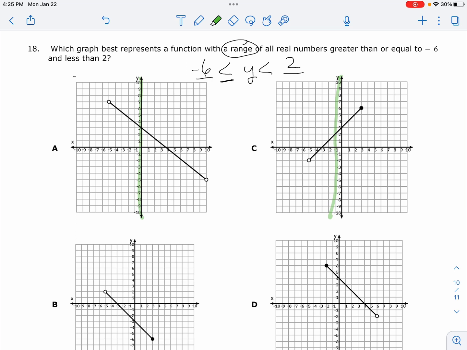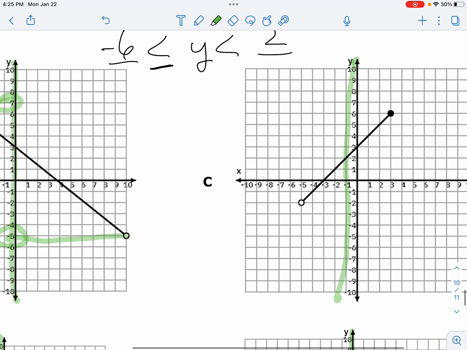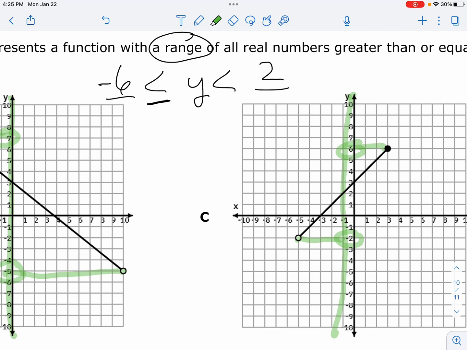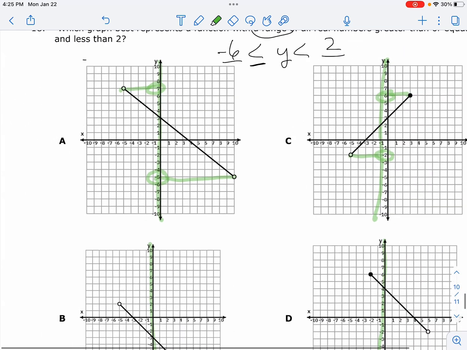Y, Y, Y, Y. Okay, top to bottom. It looks like I have a 7, not the right number. -5, not the right number. Okay, over here, -2 and 6. Not the right number. We need -6, +2. So we need opposite of that.